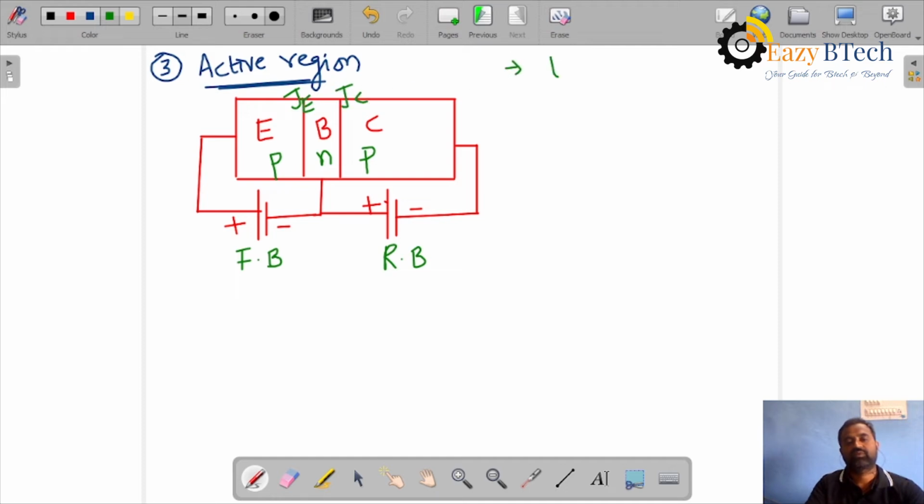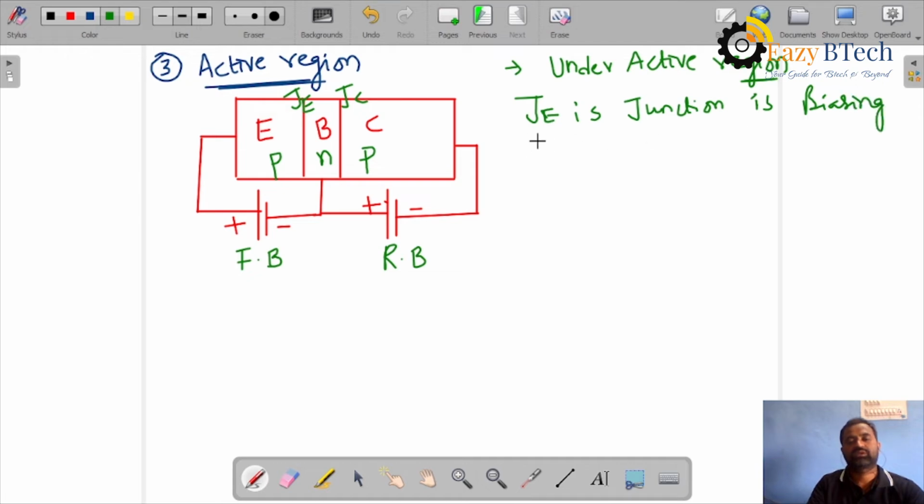Okay. Under active region, the JE junction is biasing in forward.